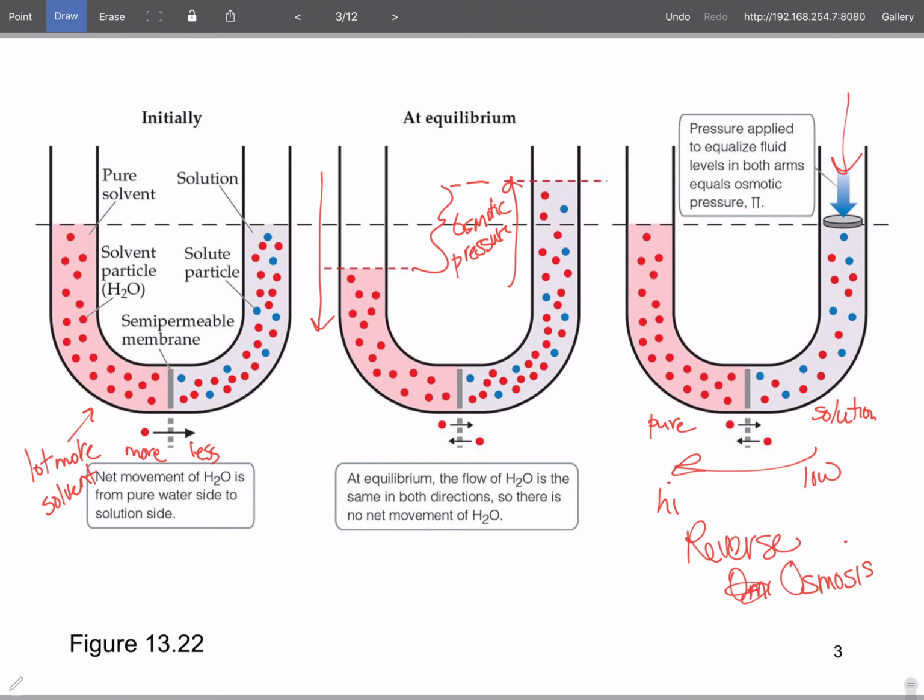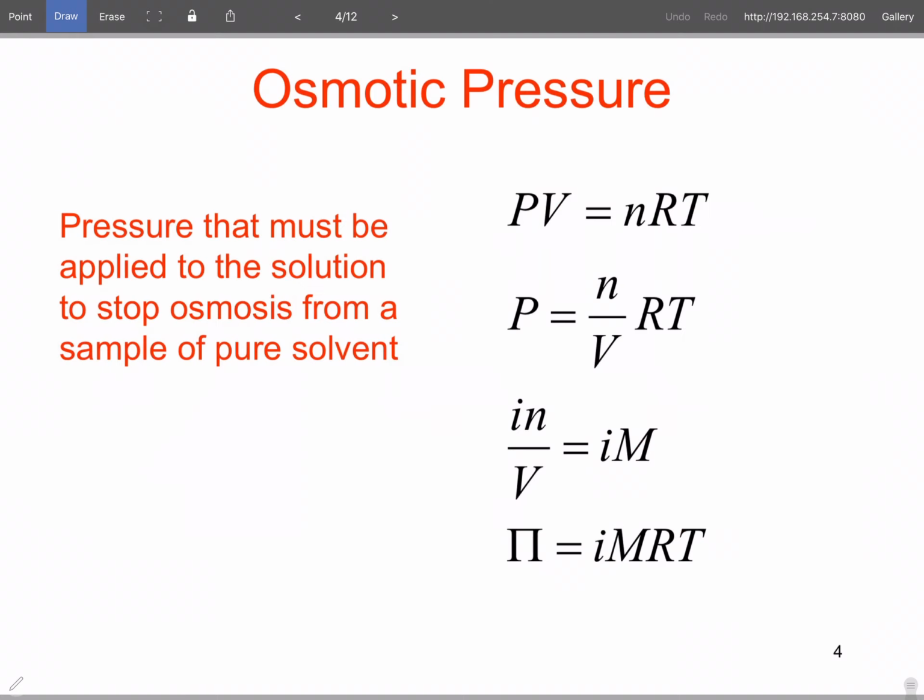If you play a mental game where you only have 100 particles total, if you have 30 that are solute, then that means you have 70 that are solvent. If you have 40 that are solute, that means you only have 60 that are solvent. So you're going to move from the 70 solvent to the 60 solvent, because it's always going to flow from high to low. Again, more about this as we go.